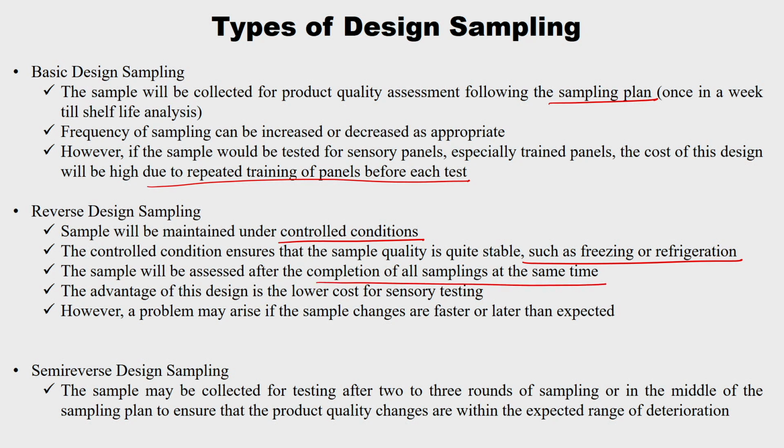So, we take samples at different intervals, but when the test is carried out we access all samples at the same time. The advantage of this design is lower cost for sensory testing, because only one time I will do all the testing.